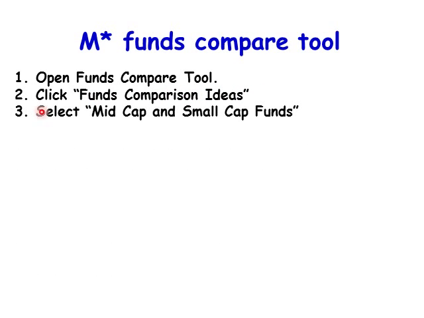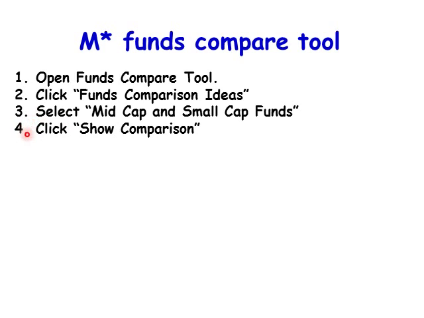They'll give you a list of check boxes, and you select mid cap and small cap funds: mid cap growth, mid cap value, mid cap blend, and small cap growth, value, and blend. So you check 6 of the check boxes, and then you submit.